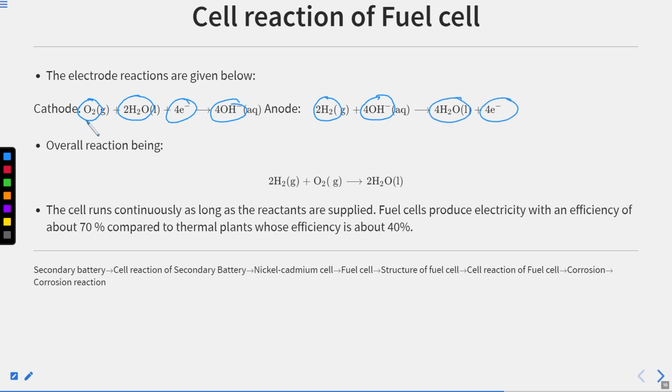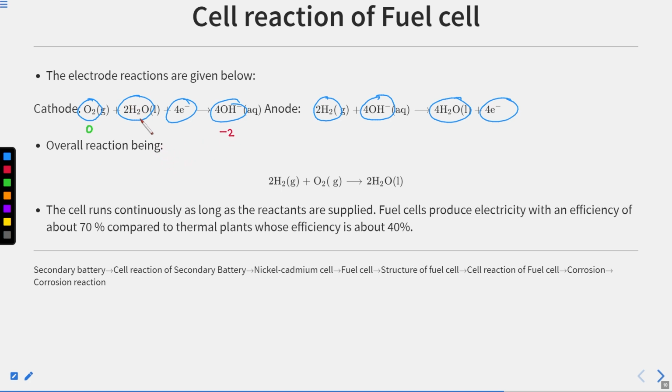If you see here, this is elemental oxygen, so it will have an oxidation state of 0. Now the oxidation state of oxygen in the final form is minus 2, right?